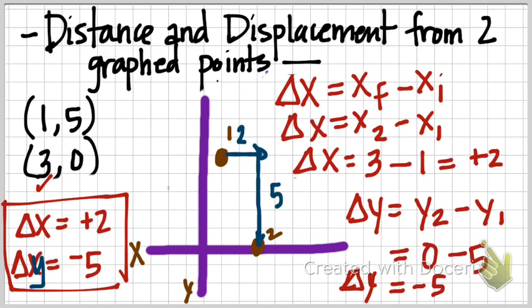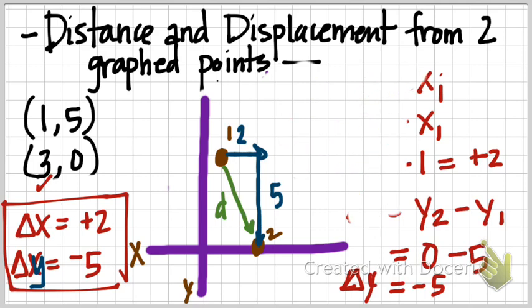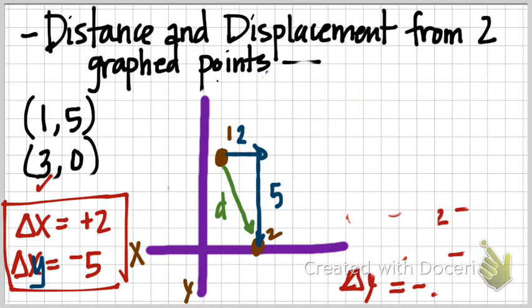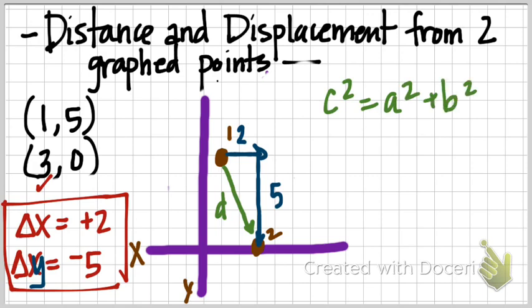So I've got my 2 legs of the triangle, and now I'm looking for my displacement, or my hypotenuse. That's what I'm looking for. So how do I find the hypotenuse? The easiest way I know is to use the Pythagorean theorem. So I'm going to use c squared equals a squared plus b squared.